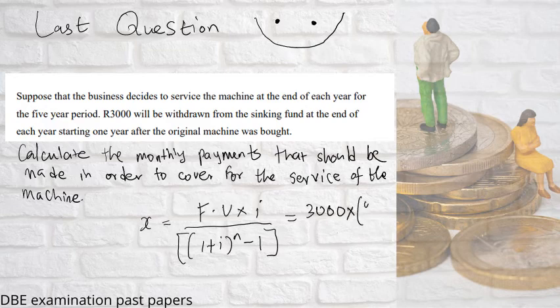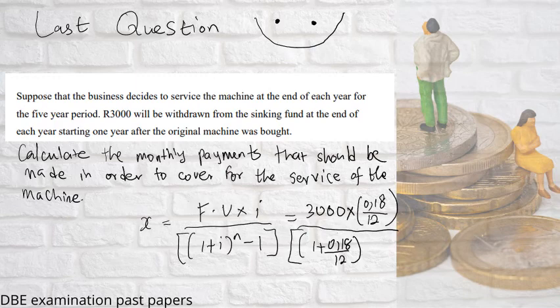So the interest is what? 0.18, because the sinking fund is 0.18 per annum compounded monthly. So that's the future value in 1 year. We have 12 months, so it will be 1 plus 0.18 over 12, exponent 12, because we're just using 1 year, in which 3,000 must be withdrawn.